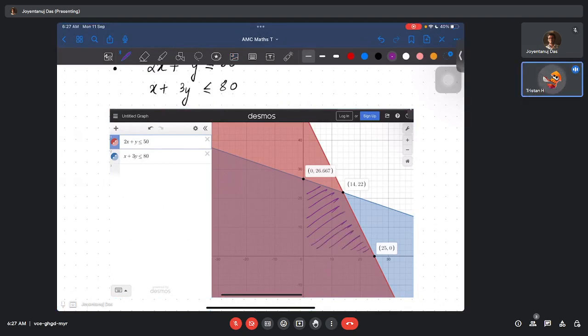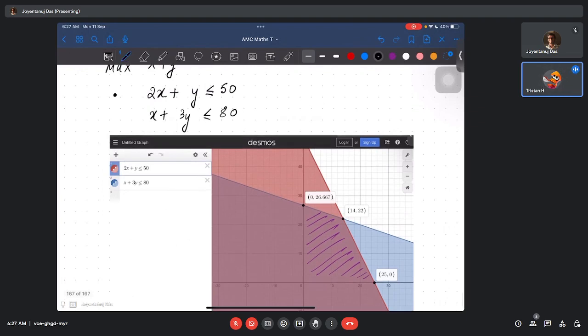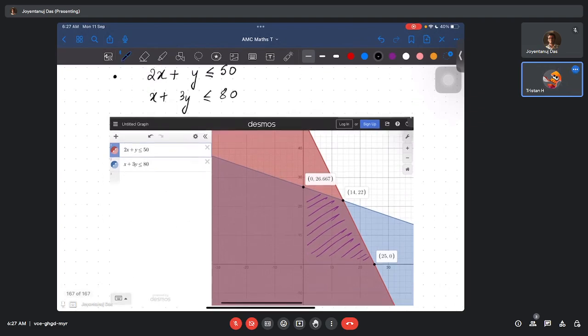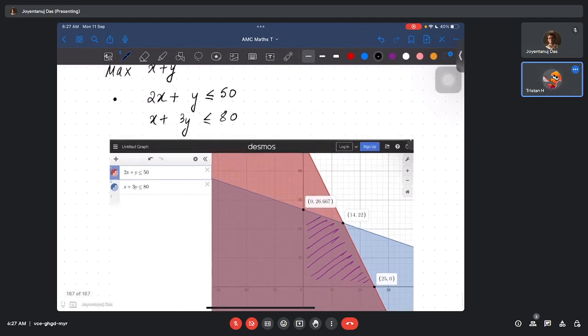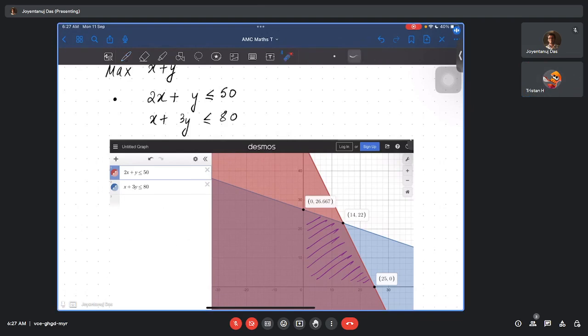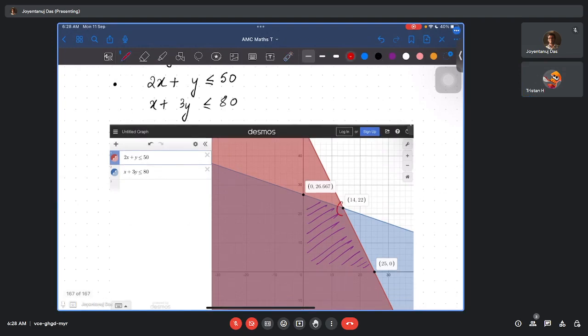And so the largest number of miles of highway would be 26 and 2/3. Why? 14 plus 22 is bigger, right? Oh, yes, right. So this is the maximum value.